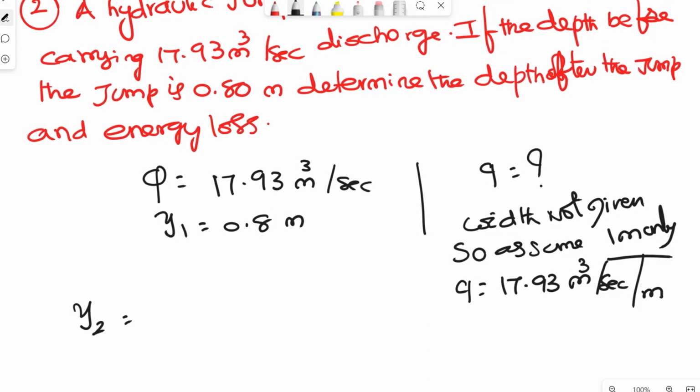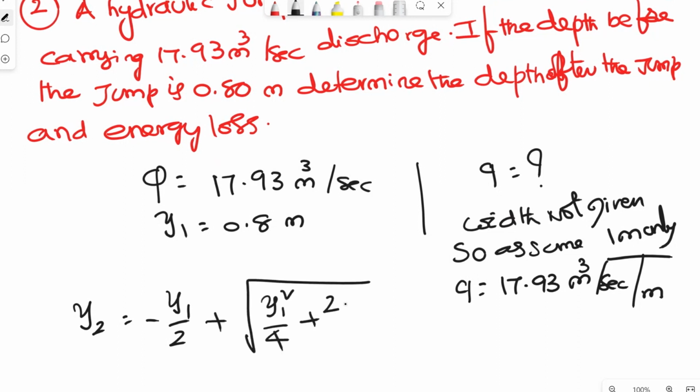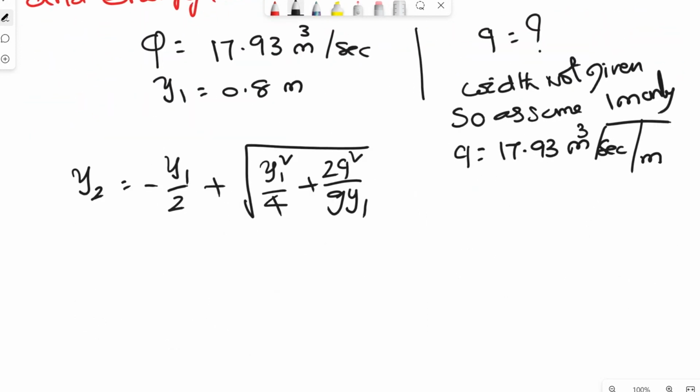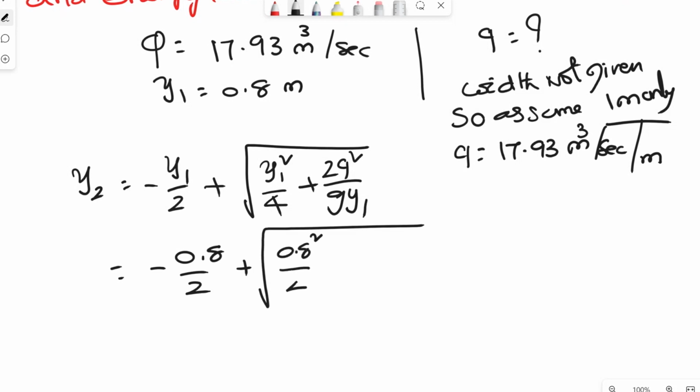You remember y2 is equal to minus y1 by 2 plus square root of y1 squared by 4 plus 2q squared by g y1. So y1 is 0.8: minus 0.8 by 2 plus square root of 0.8 squared by 4 plus 2 into 17.93 squared divided by 9.81 into 0.8.